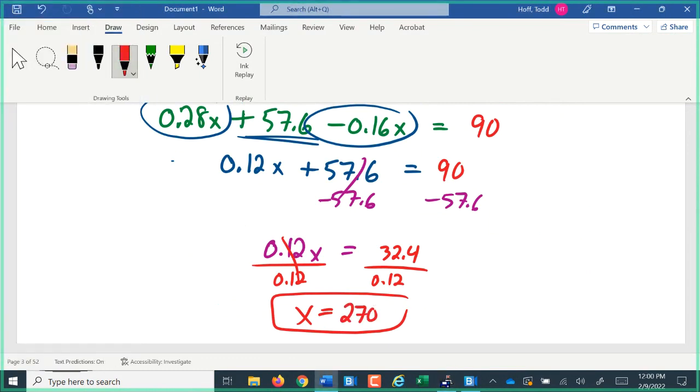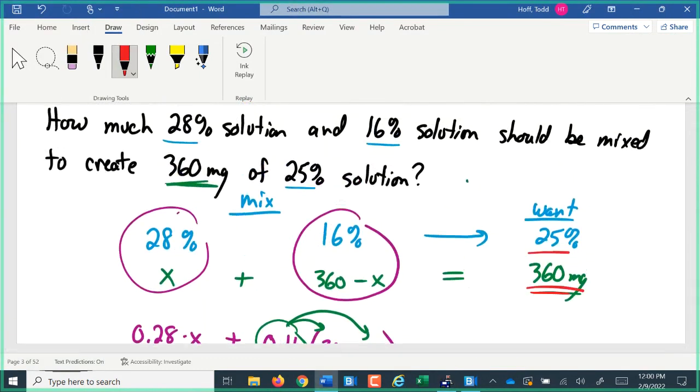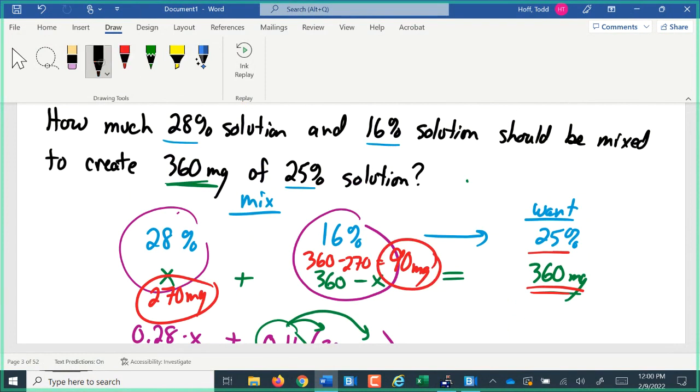That's more reasonable. Smaller than our total of 360, so that's doable. So we have 270 milligrams for the 28%. But again, we have to make sure we answer the question. We need the 16% as well, so 360 minus 270 is 90 milligrams of the 16%. I made a mistake on this one.